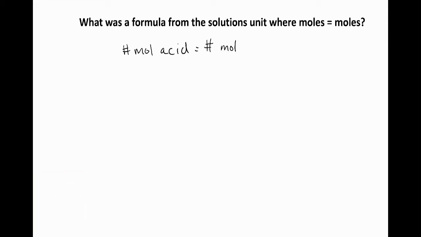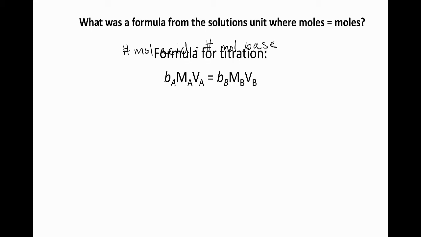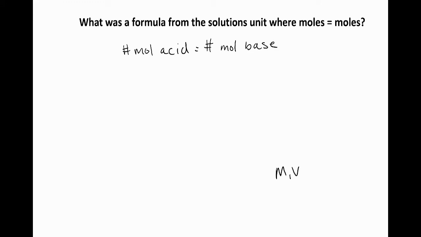And so we've actually already introduced a formula from the solutions unit where the moles of one thing was equal to the moles on the right side as well. So we had moles equal to moles. And what that formula was, back in our solutions unit, was M1V1 equals M2V2. That was the formula for dilution.